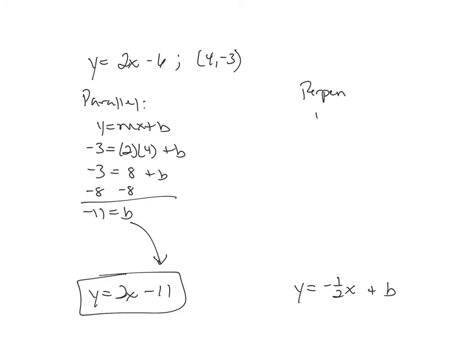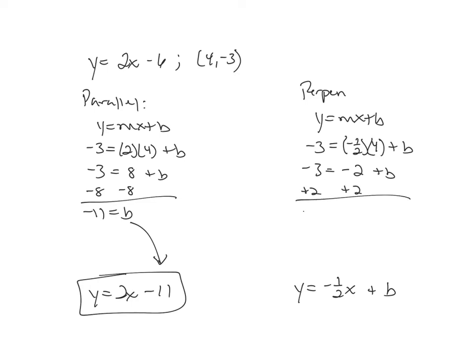Okay, so on this side, same, y is -3, but this time the slope is -1/2. X is still 4. So negative and a positive are going to make a negative. Half of 4 is 2. Or you could do 4 divided by 2 is 2. Then add 2.